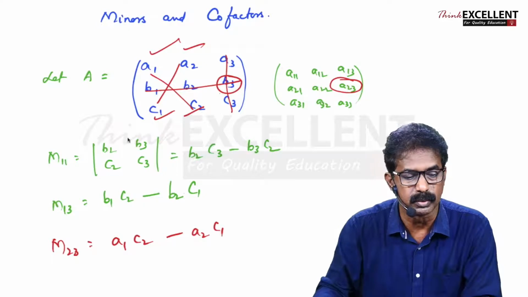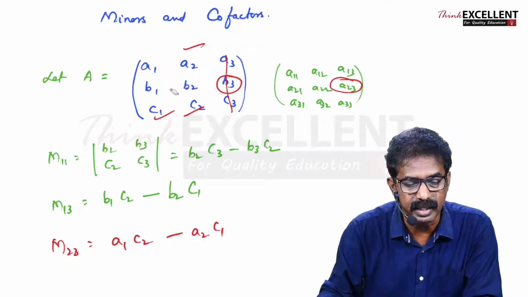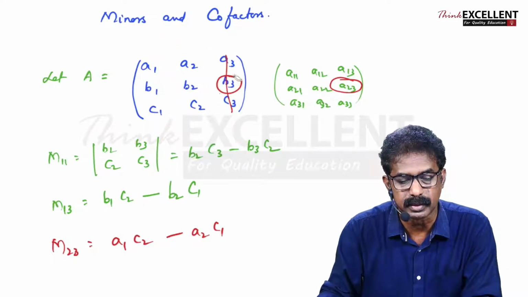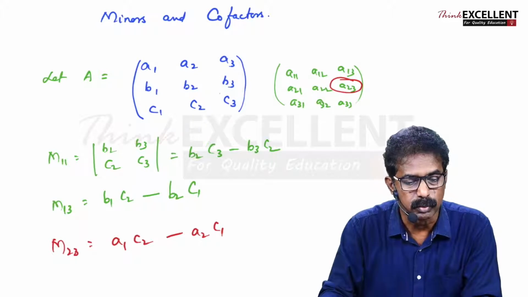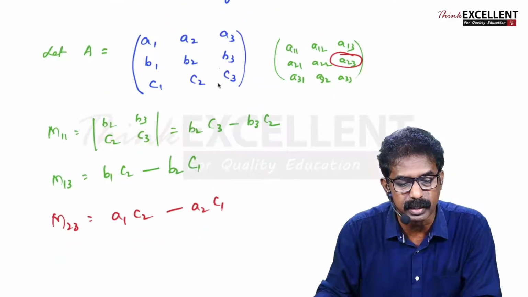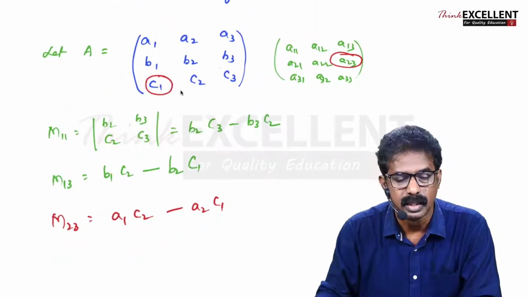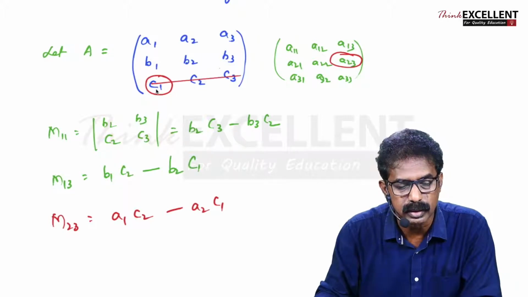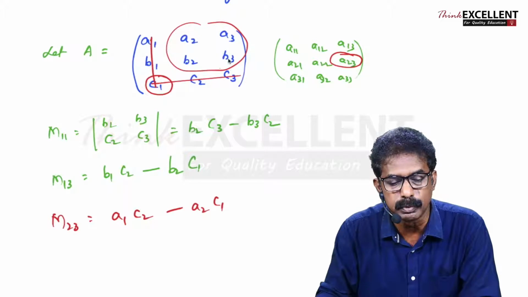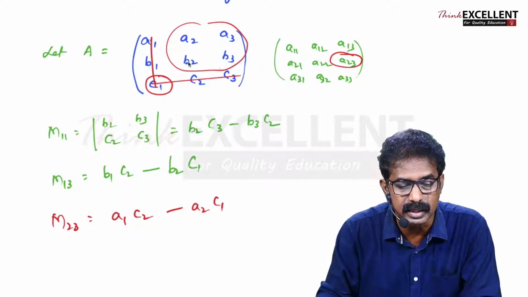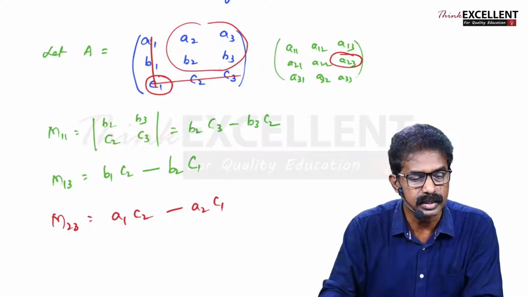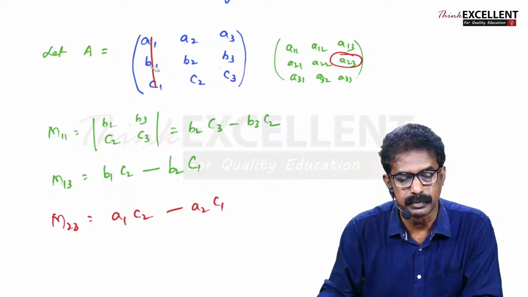Like this you can find the minor of any element. Take one more, suppose I want to find the minor of this number. Leave that row and column. These 4 elements you take: A2 B3 minus A3 B2. Like this you can find the minor.